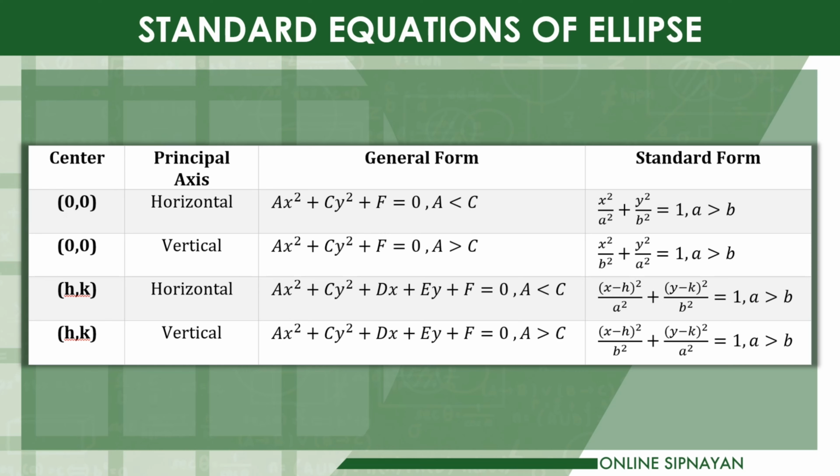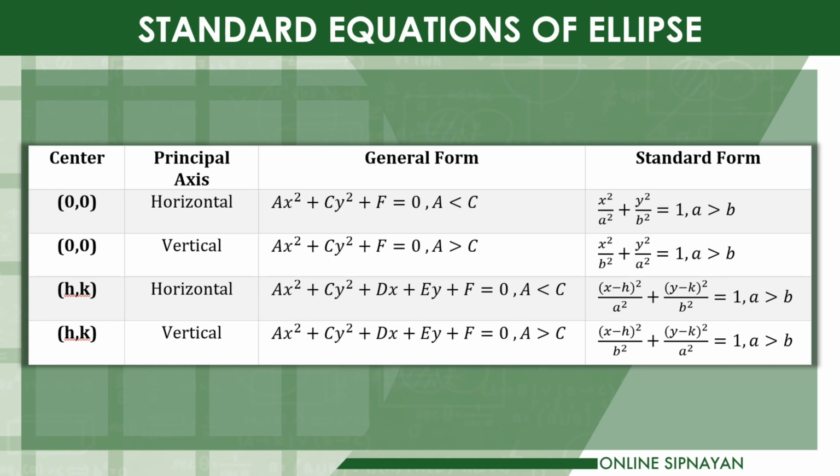And if the center is at point (h, k) and the principal or major axis is horizontal, the general form is ax squared plus cy squared plus dx plus ey plus f is equal to 0, where a is less than c. And the standard form is quantity x minus h squared over a squared plus quantity y minus k squared over b squared is equal to 1, where a is greater than b.